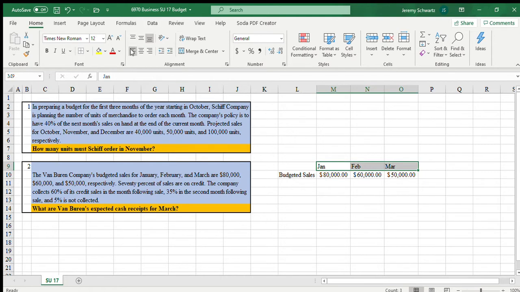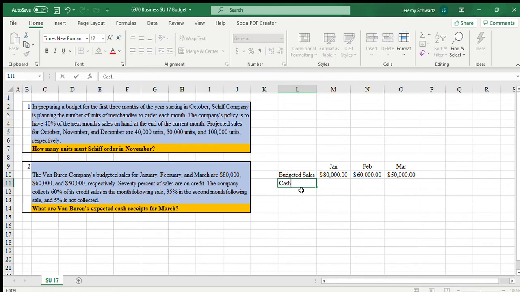Now, ideally, what we would have would be cash sales. We see that it said 70% of the sales are on credit, so that means that 30% must be cash.